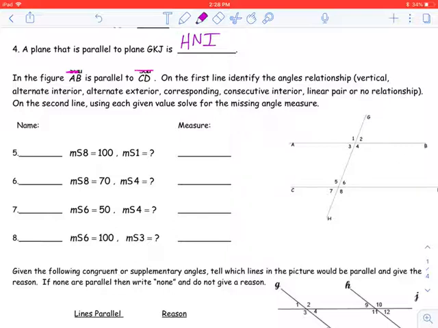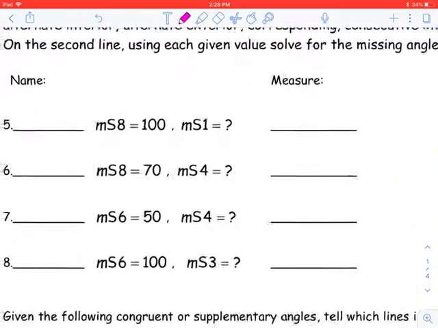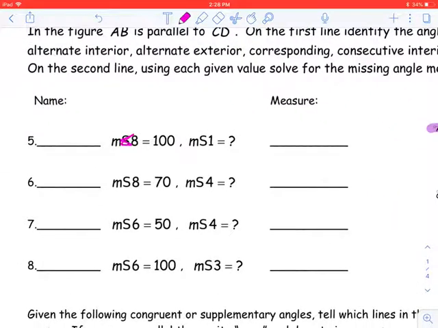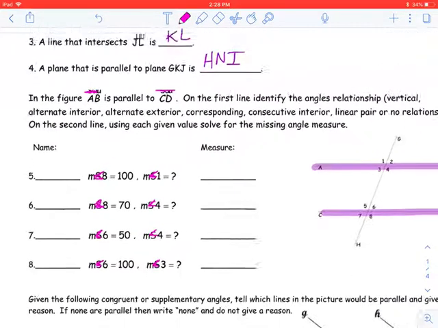So it says AB is parallel to CD. Using that information, let's find all these angles. And that's supposed to say angle 8. I don't know why there's an S, kind of a typo there. The first one, number 5, says measure of angle 8 and measure of angle 1.